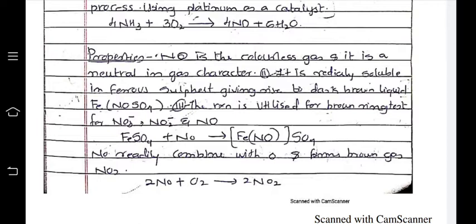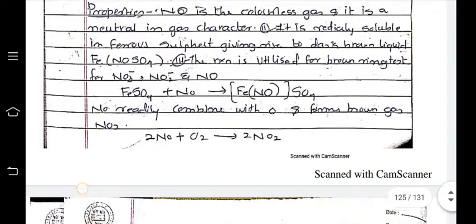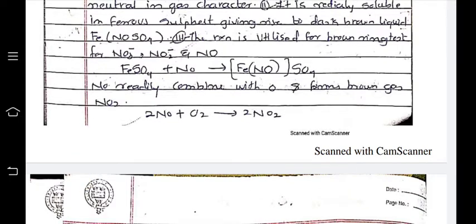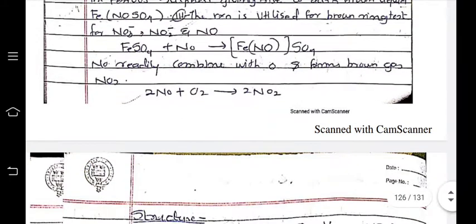Properties: NO is a colorless gas and it is neutral in character. It is readily soluble in ferrous sulfate, giving rise to the dark brown compound FeNO-SO4. The reaction is utilized for the brown ring test for NO3 minus, NO2 minus and NO. FeSO4 plus NO gives FeNO-SO4.